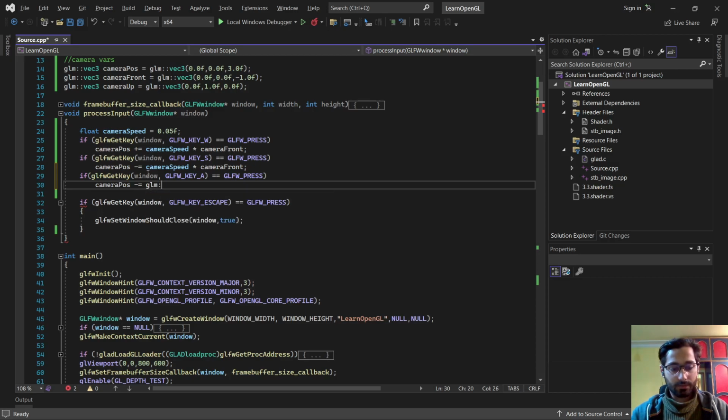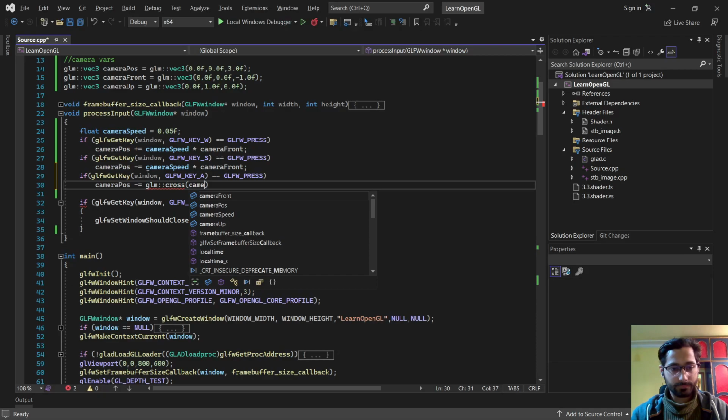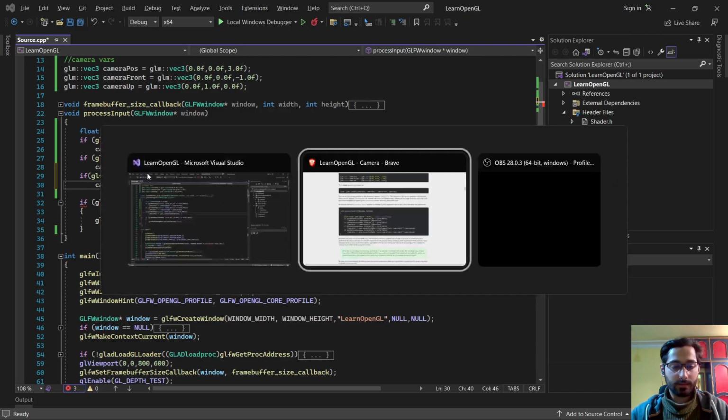First we're gonna do a cross product. Okay, and I guess the order matters. First we're gonna put the camera front, and camera up.